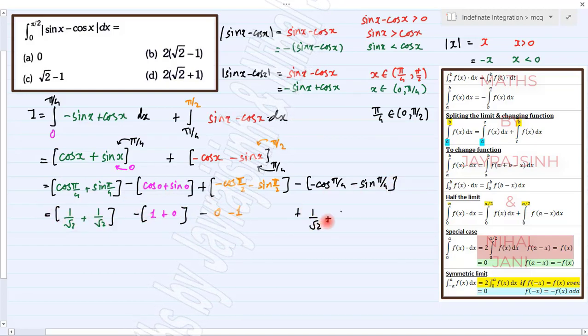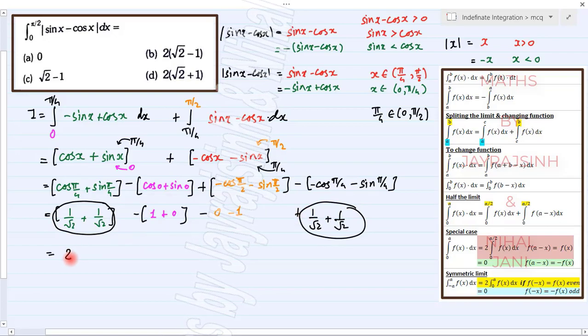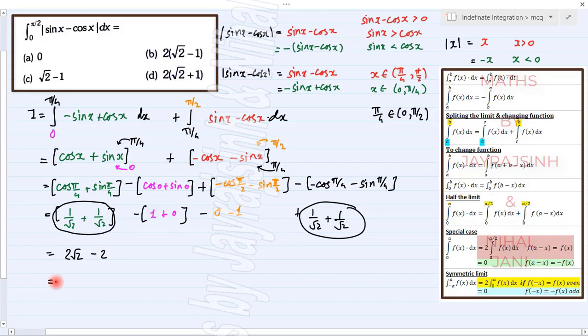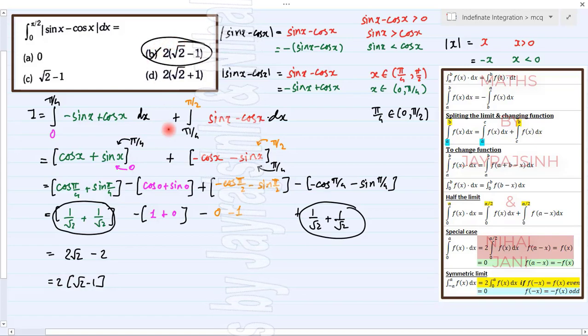Substitute the values. So √2 plus √2 will become 2√2, and here we have minus 2. So if we take 2 common, we will get √2 − 1, which is given in option B. Ta-da!